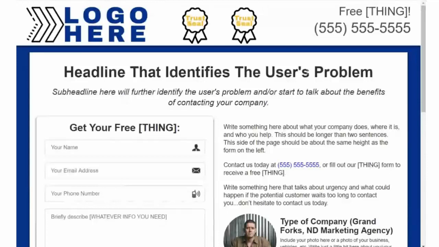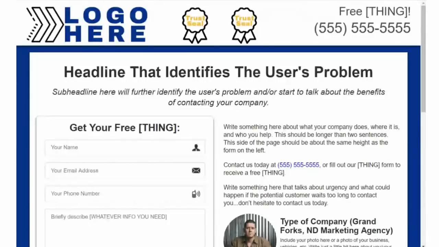That doesn't make a very strong case for why someone should contact you. Instead, if you have a headline specific to bankruptcy, someone searching for bankruptcy, now you're addressing that problem in your headline, saying something like, are you considering filing for bankruptcy? That's going to make a strong headline. It's going to pull them further into your page.